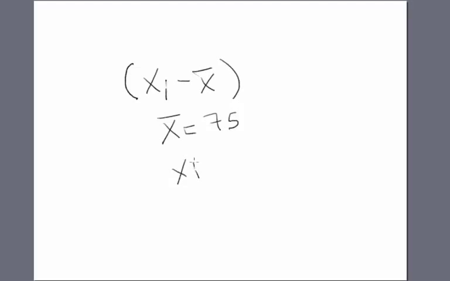So what one might do to look at how different the scores are is take each score in the distribution and subtract the average score.